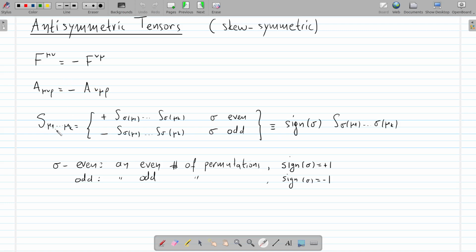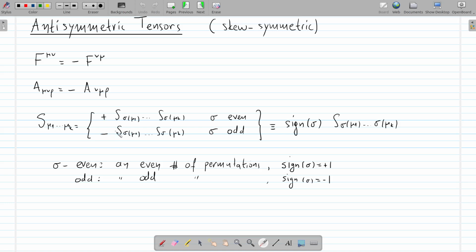So if we have a tensor that is antisymmetric with respect to k of its indices, it means that if we perform any permutation of those indices, then the component obtained will be either plus or minus the original one. The plus is obtained if the permutation is even, that means it can be obtained by an even number of elementary permutations of a pair of indices, and minus when the permutation is odd.